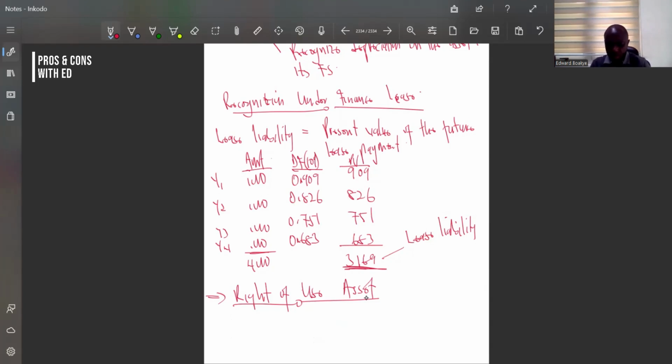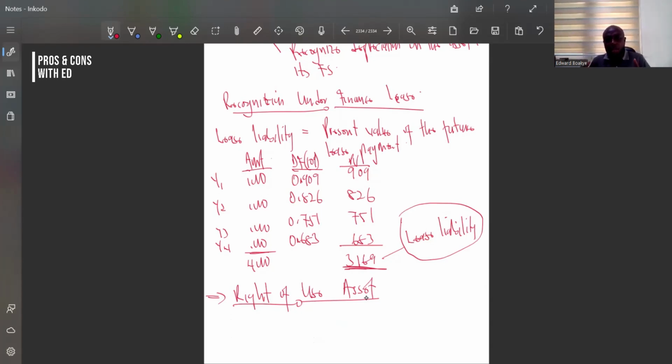Okay. So what then becomes the right of use asset? We want to find the total cost of the asset that you are leasing. Remember the 1,000 for 4 years is the amount you are paying. So this liability should be part of the cost of the asset because you are going to pay this throughout.